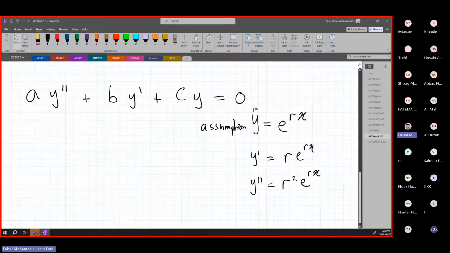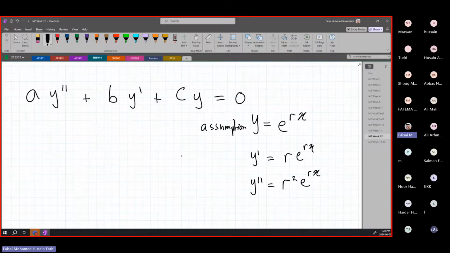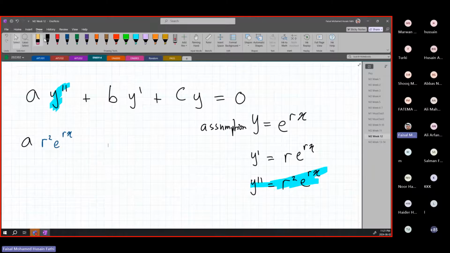So if we substitute this back into our equation here, we are going to get, so this is y double prime, which is this value over here, r squared e to the power of rx. So we're going to be getting r squared e to the power of rx. Okay, I'm not going to put brackets, I'm just going to put it directly, plus b times y prime.